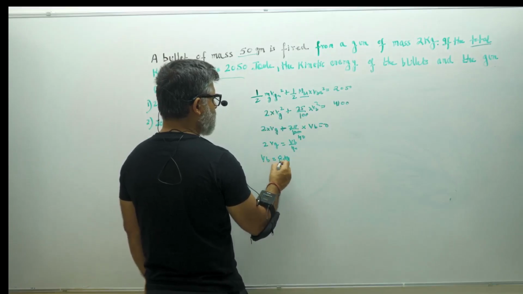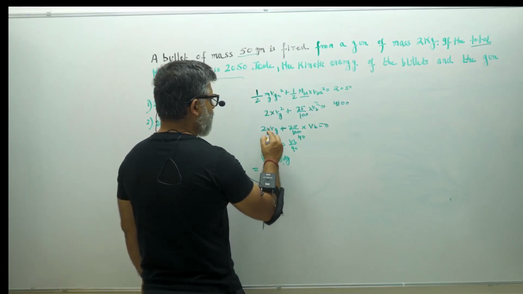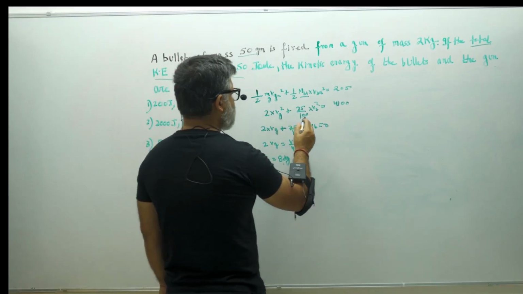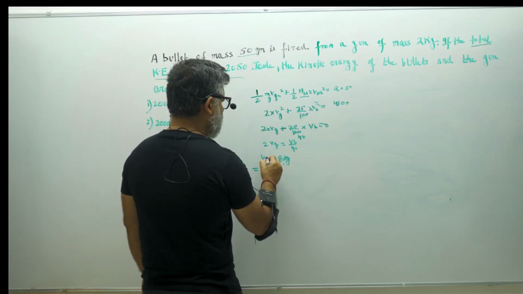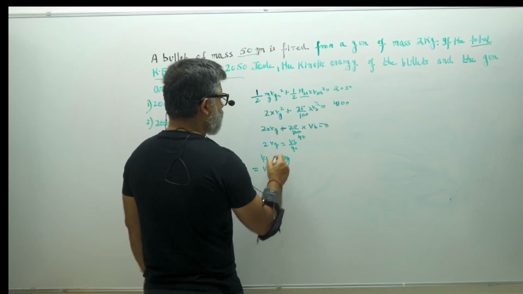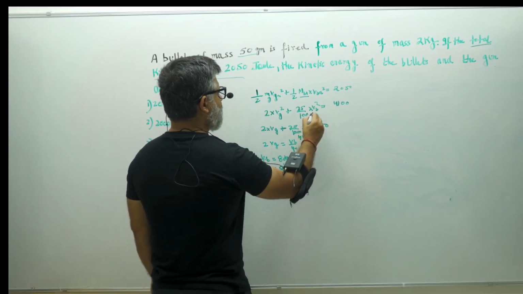So Vb is equal to 80 times. So I can write the velocity of the bullet to be equal to, this is the velocity of the gun. Okay, so this is velocity of the gun. Velocity of the bullet is equal to 80 times. So I will substitute the velocity of the gun in this particular equation.